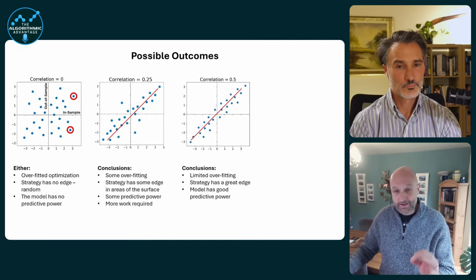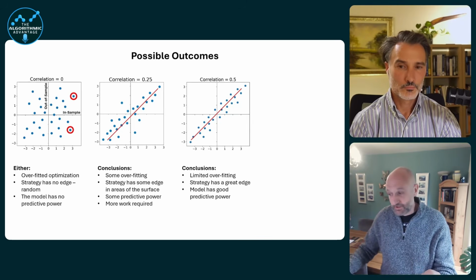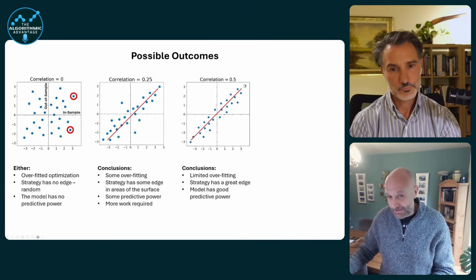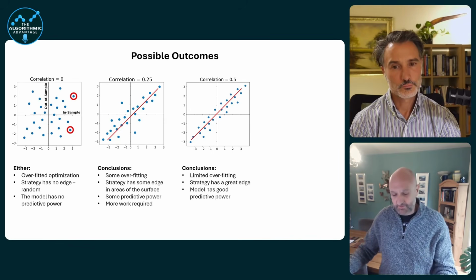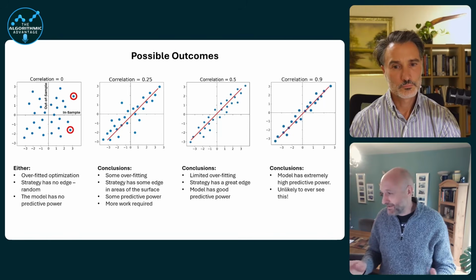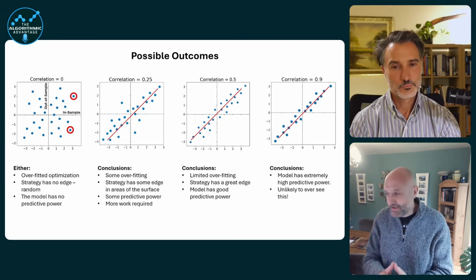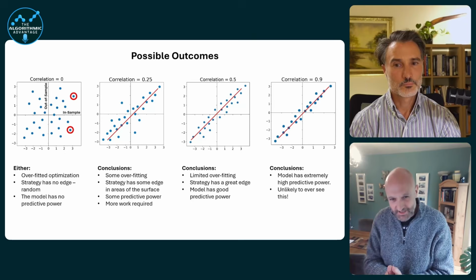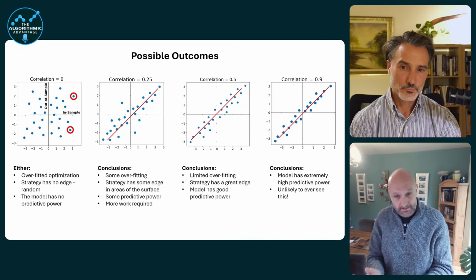So you've developed a strategy at this point that under some settings has genuine edge, which is great news. And this has very good predictive power. If you're choosing high values in sample, you're getting high values out of sample. You could be even better, a correlation of 0.9. This has extremely good predictive power, but you're unlikely to see this kind of result in reality.